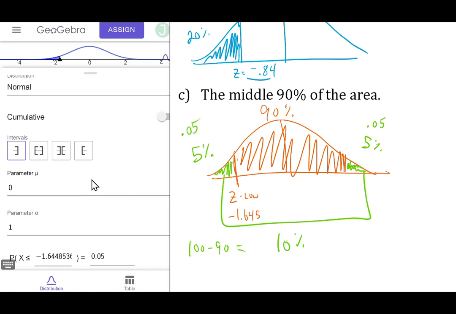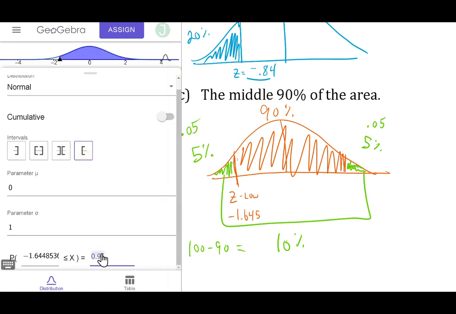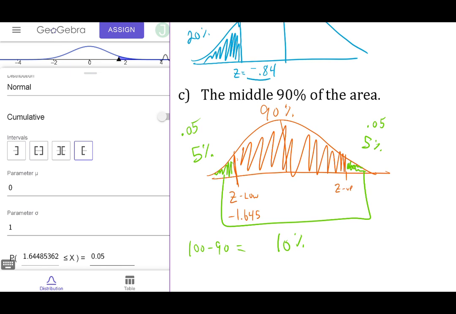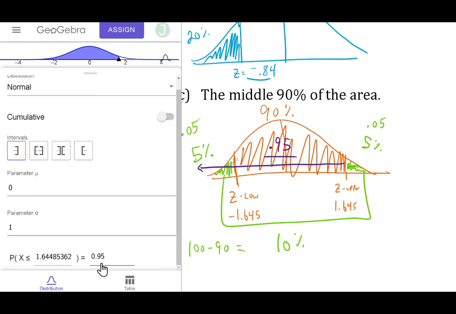Now, I can just change this to the right and make the value 0.05, and I'll find that the upper z-score will be positive 1.645. Just really quickly trying to lay the ideas for other types of examples we could have. We could have also used the area to the left of 0.95 to get the same z-score. If I typed in 0.95, I'd get the same z-score, 1.645.